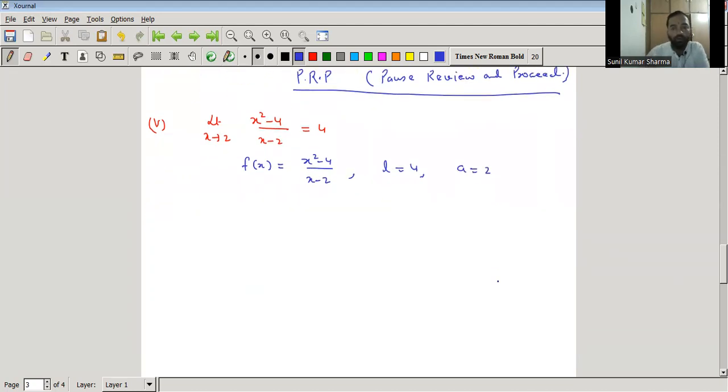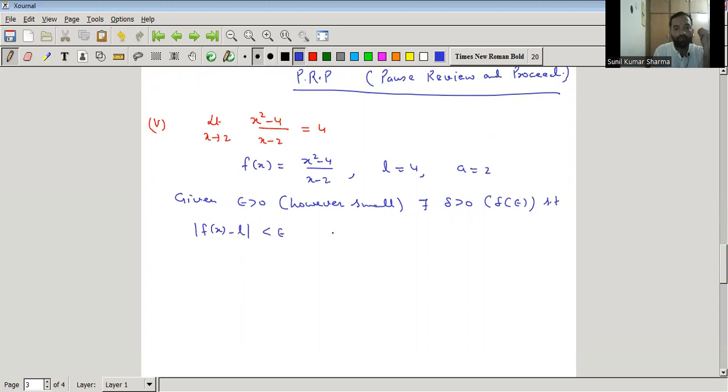So given epsilon greater than 0, however small, there exists delta greater than 0, this delta depends upon epsilon, such that mod f(x) minus L is less than epsilon whenever mod x minus a is less than delta, right?